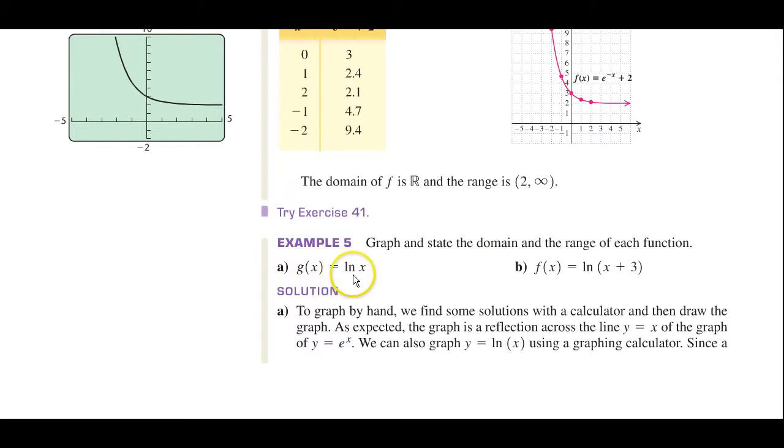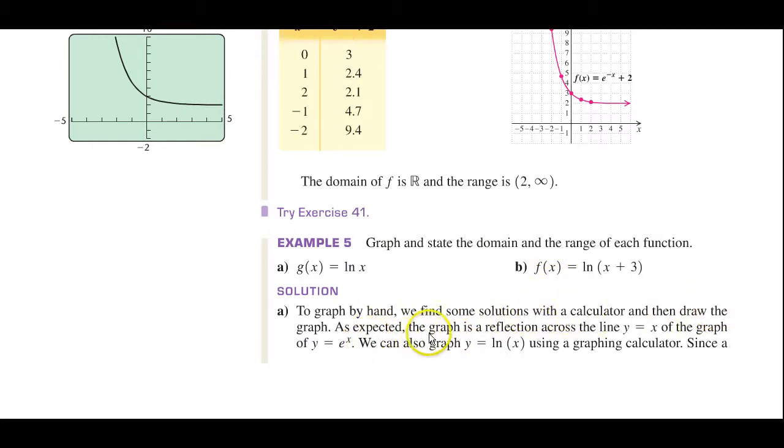Okay, so here, as we do example 5, we're going to graph and state the domain and range of each of these functions. So the g function of x is the natural log of x. And to graph by hand, we would find some solutions with a calculator and then draw the graph.